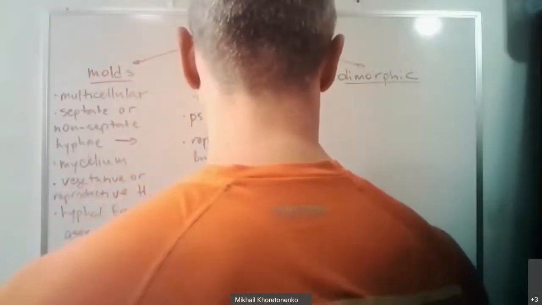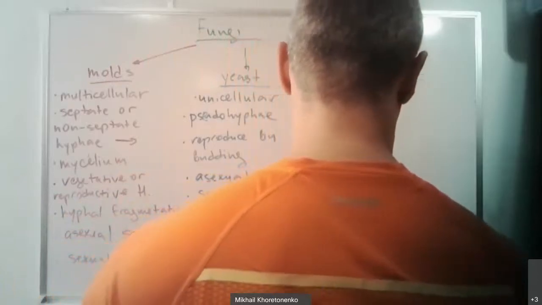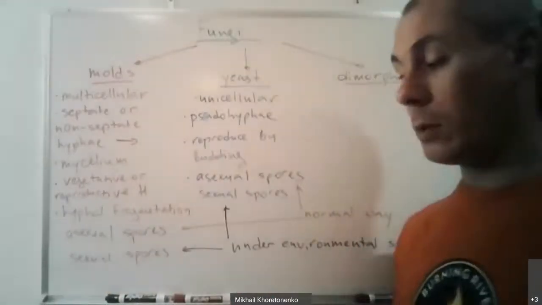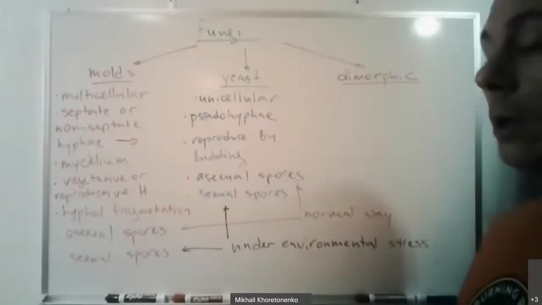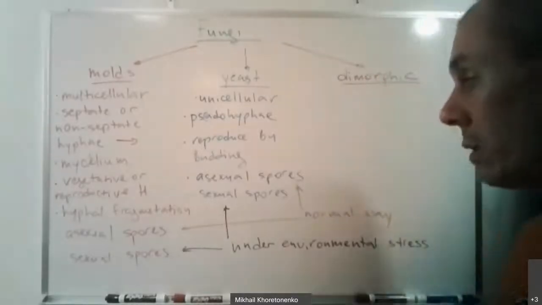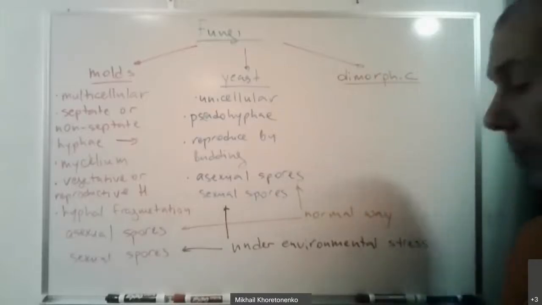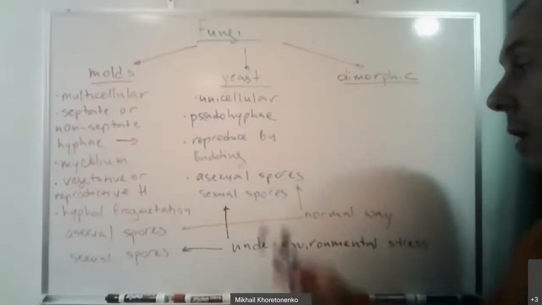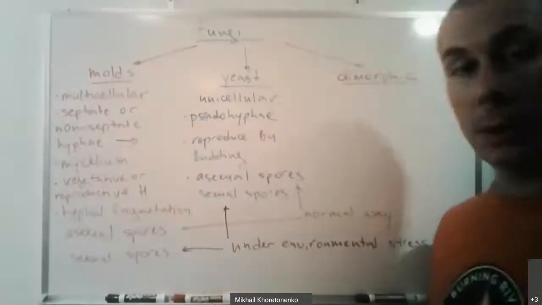So sexual spores are produced under environmental stress. They do contribute to some extent to the genetic diversity of fungi, but they are by no means the main way of fungal reproduction. Asexual spores are the main way. Sexual spores, not.